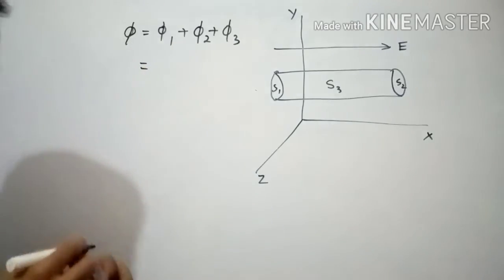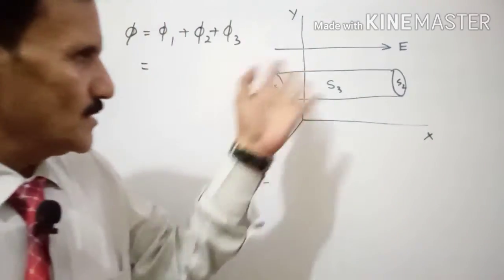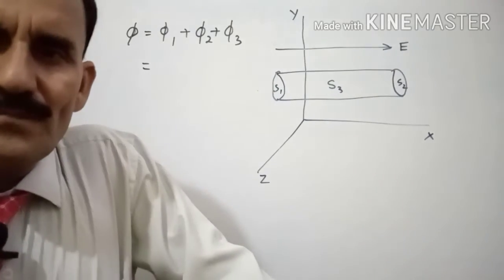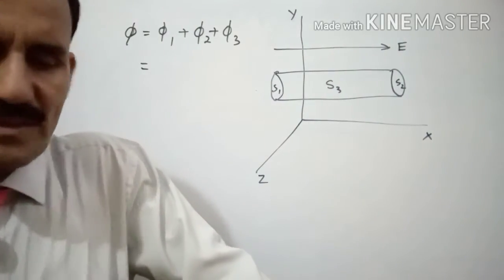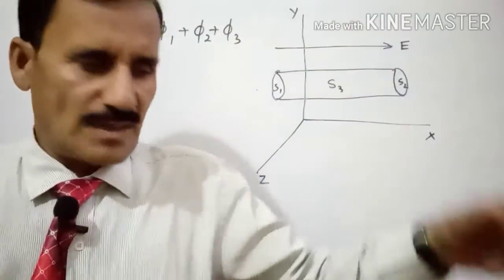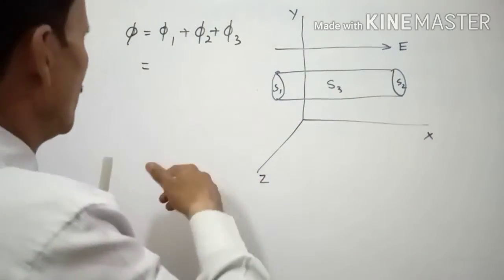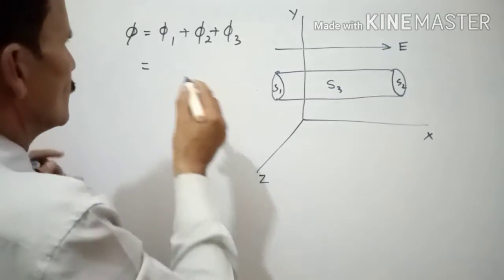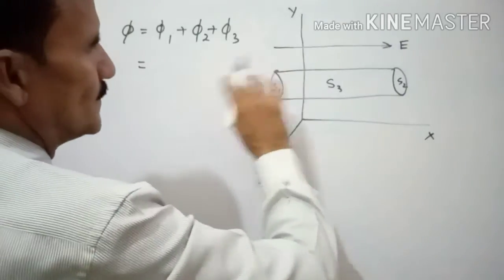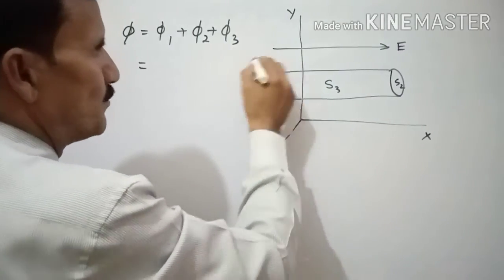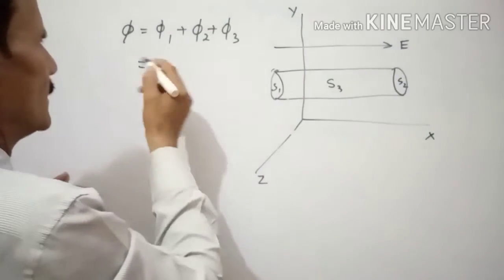Since S1, S2, if it is a regular cylinder, then S1, S2 have the same area, circles of the same area. So if we are taking them the same, what will be S1? It is placed opposite to the electric field.